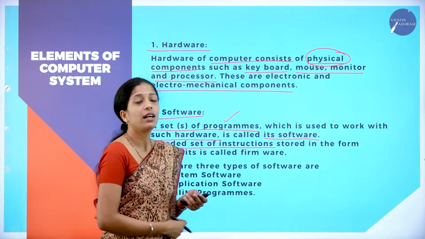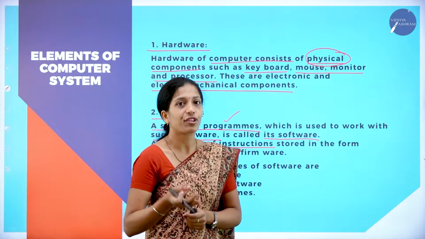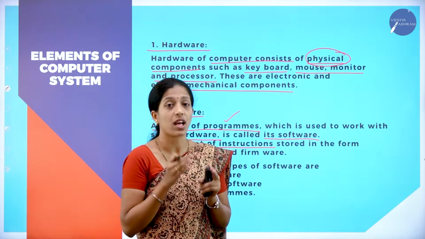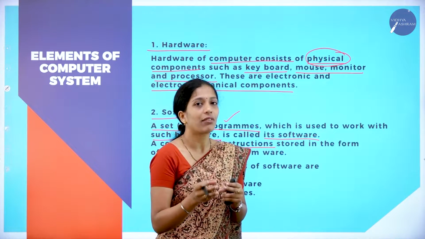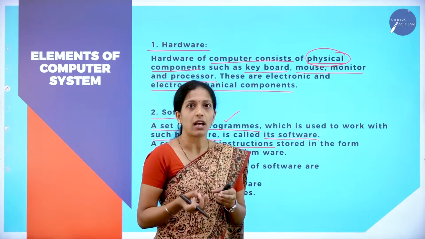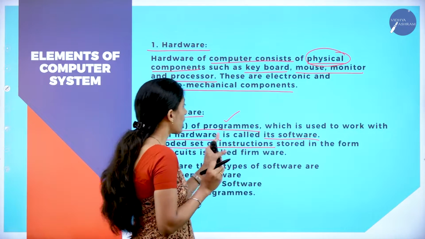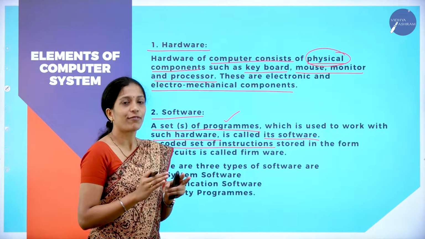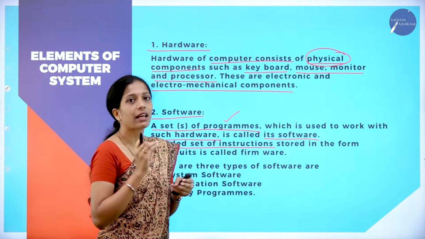The computer does not perform its activity on its own. We have to give the instructions, and those instructions are called programs, as I have already told you. Whatever instructions are given to the computer in order to get the output are called programs. Software is a set of programs used with the hardware to get the correct output.